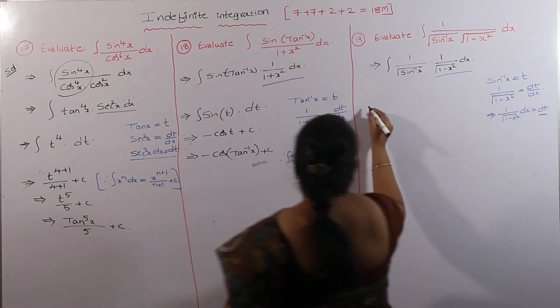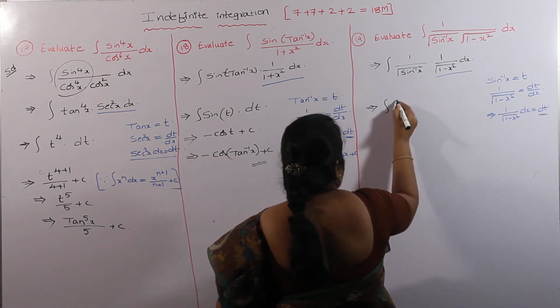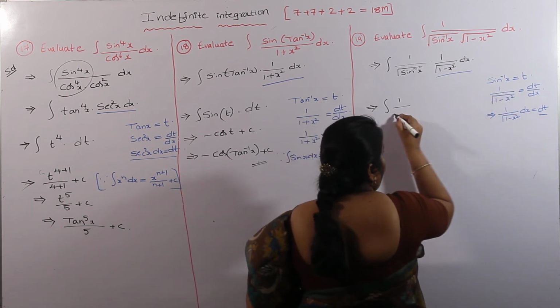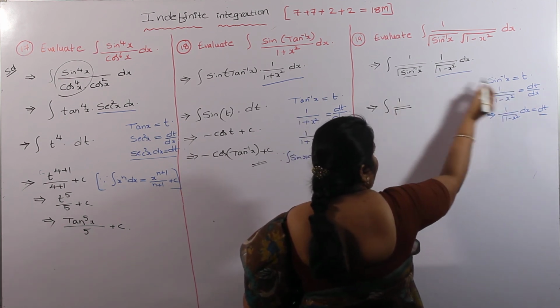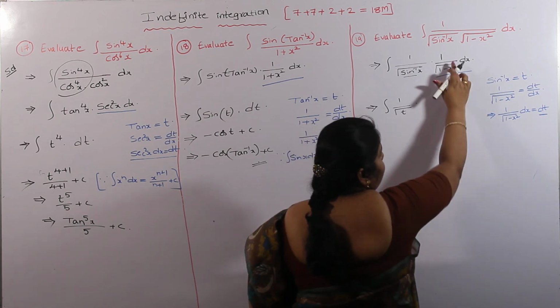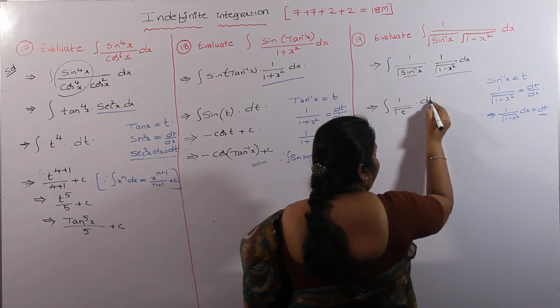Substitute here in this problem now. That implies the integral of 1 by root over sin inverse x, which is root t, into 1 by root over 1 minus x squared dx, which is dt.